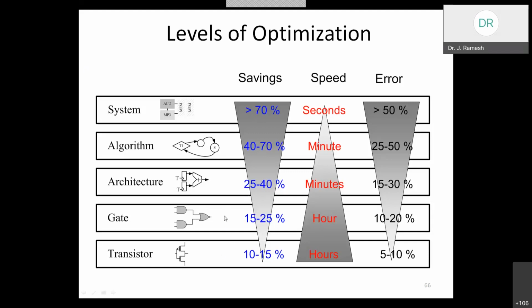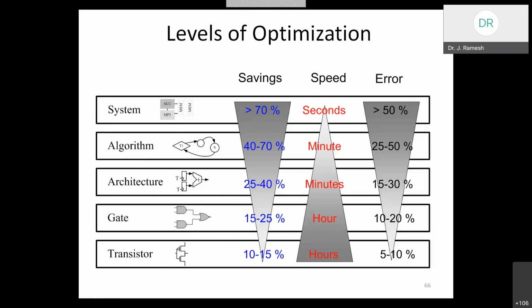So power estimation will be very accurate at the transistor level, but at the system level it will be less accurate. At the same time, the computational resource requirement will be less at the system level, but at the transistor level it will be more. So that is what this particular slide conveys to us.